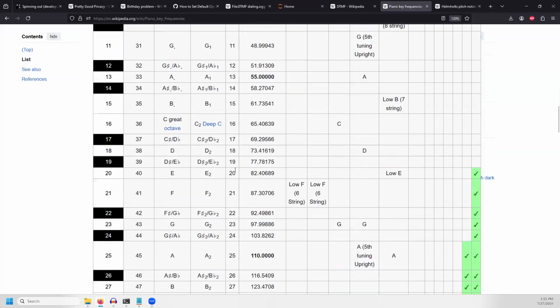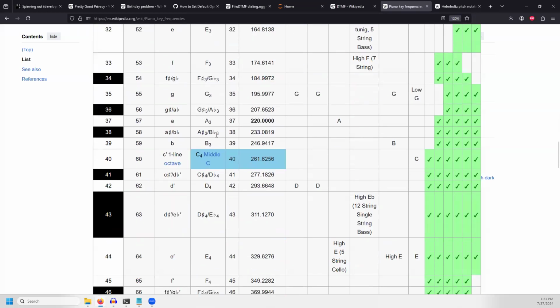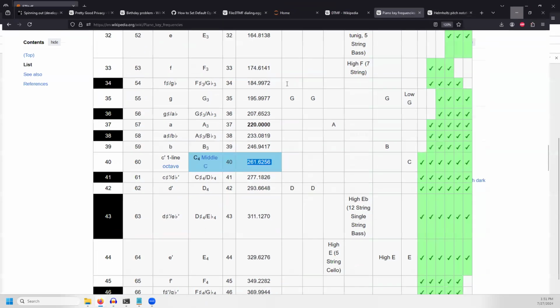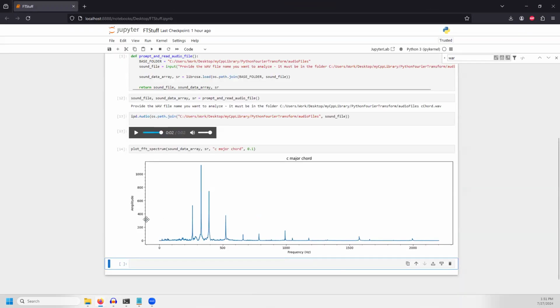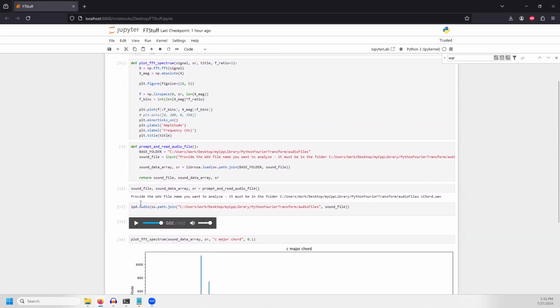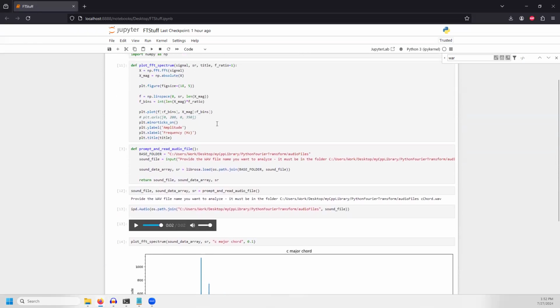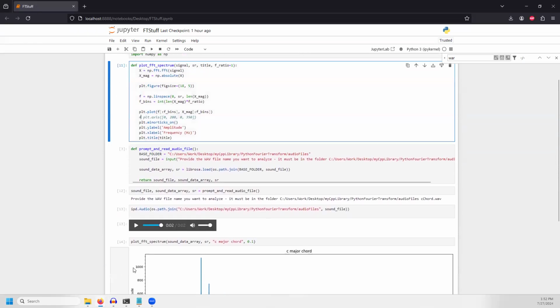So if we go down to middle C on this page, middle C has frequency 261. And if we zoom in on that region, from 250 to around 500, and the max amplitude is like 1200.